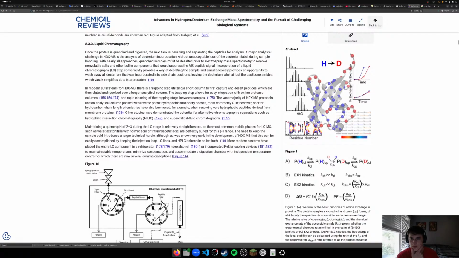With nearly all approaches, it immediately provides a way of desalting the sample and simultaneously provides an opportunity to wash away all deuterium that was incorporated. Yeah, that's a better way of saying it.